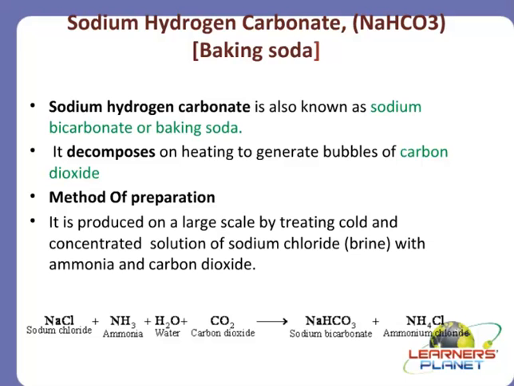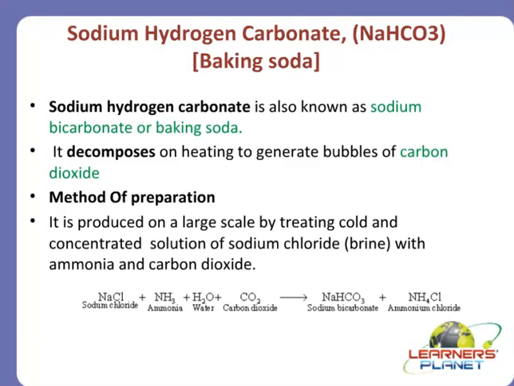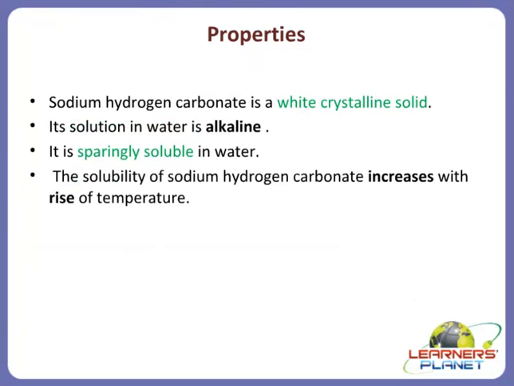So here it's sodium chloride plus ammonia plus water plus carbon dioxide, okay? And what it is giving you is sodium bicarbonate and ammonium chloride, right? From here the sodium bicarbonate can be filtered off and can be used, okay? Now let's move to its properties.